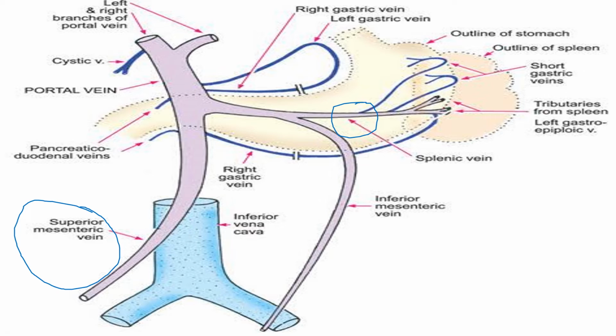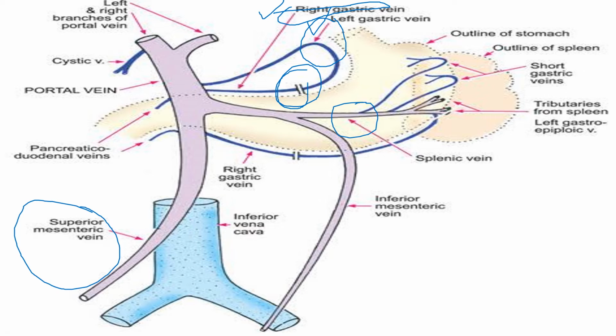Next in the list we have the left gastric vein, which will be a tributary of the portal vein. Then we have the right gastric vein, which is doing the anastomosis here, left and right gastric vein. So both of them will be a tributary of the portal vein.